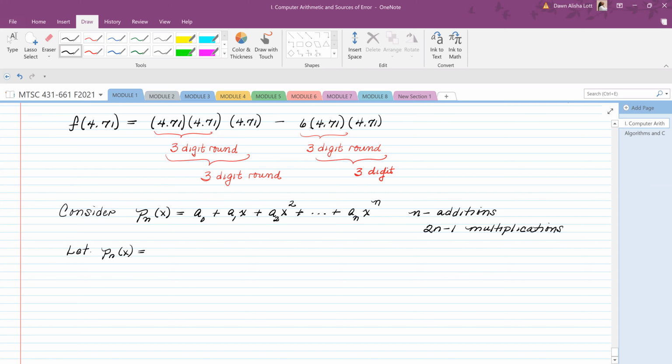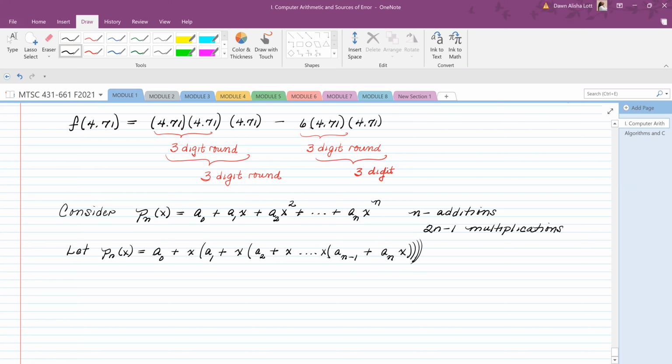So now let's let Pn of x be written in a really interesting way: a naught plus x times a1 plus x times a2 plus x, all the way down to x times an minus 1 plus an, x.